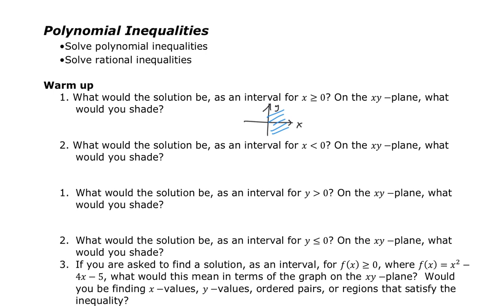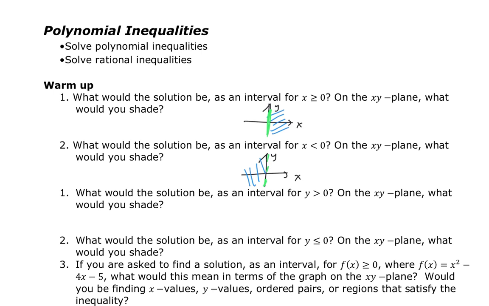Similarly, if you were asked to find x less than 0 on the xy plane, again, here is y and here is x, you would shade on the left side. The difference between these two is that number 1 will have a solid line, and number 2 will have a dashed line at the y-axis.